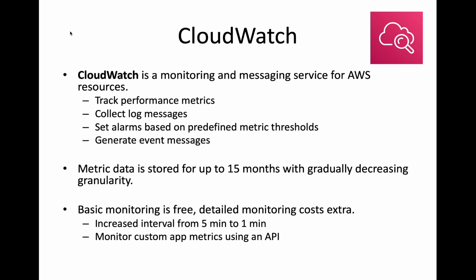Or if the CPU utilization in an EC2 instance is higher than a desired threshold for a certain amount of time, we might want to know about that, and we can do that by setting a CloudWatch alarm. CloudWatch can also generate event messages, and these event messages can be consumed by other services to automatically remediate potential problems with our infrastructure.